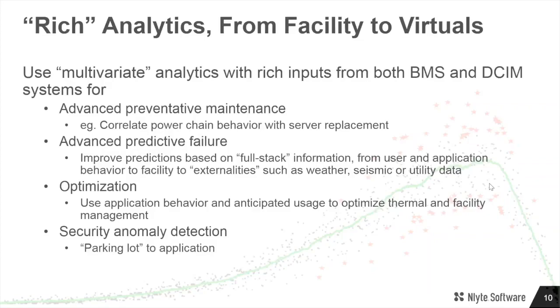If we know, for example, how our applications work, if our applications are really quiet on a Saturday afternoon, why do we have the complete facility running as it does on a Monday morning? You probably shouldn't have that. Being able to predict that will make our facility, our applications, how we manage everything that much more optimized.